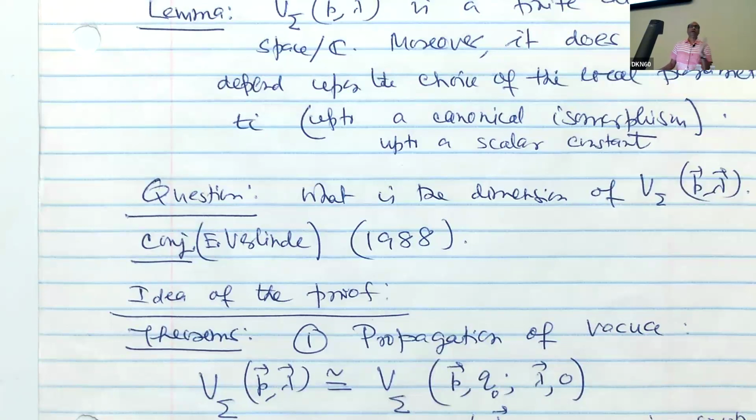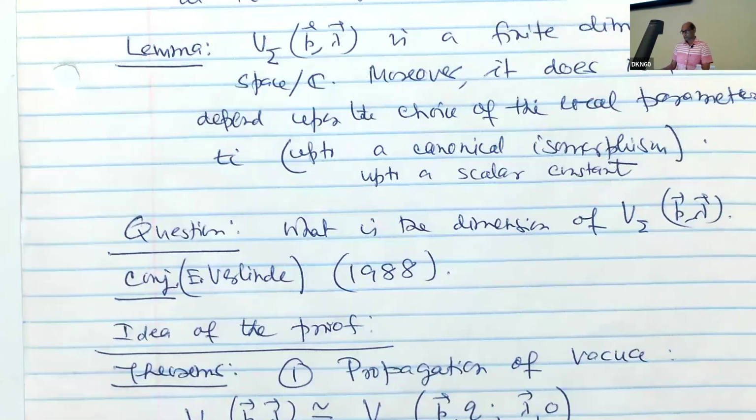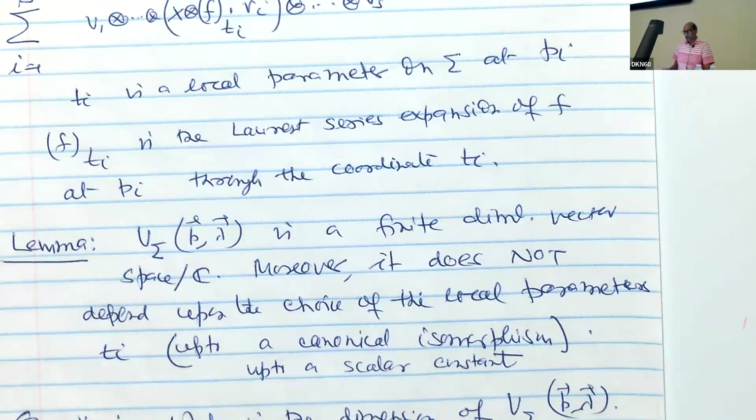The corresponding integrable highest weight module is H0, but mind that it's not the trivial representation. It has central charge, a positive number C. This is what is called the basic representation. It's attached to the weight 0, but it's not the trivial representation; it's still an infinite dimensional representation. This theorem says that the original space of conformal blocks is the same as this one where I attach a point, but only the weight 0 to this extra point. This is a very useful theorem, as you will probably get some sense.